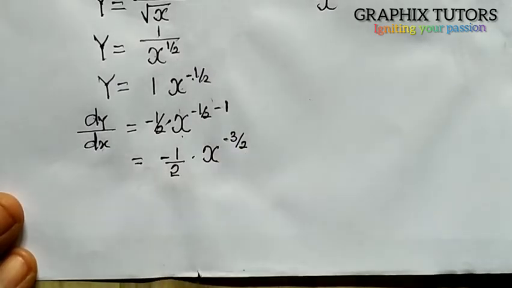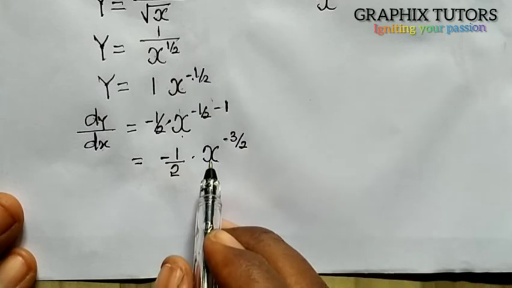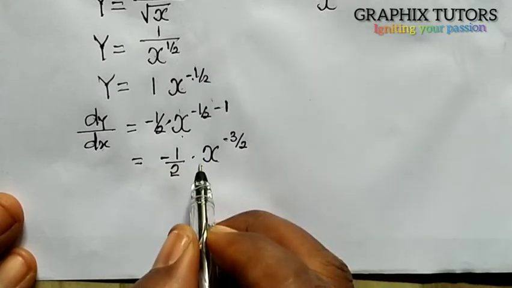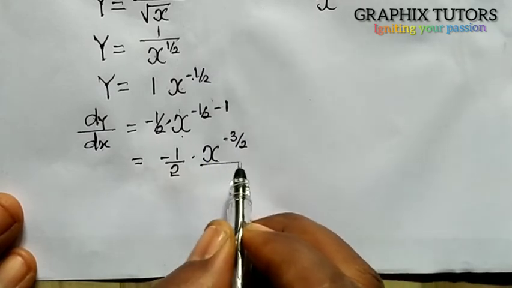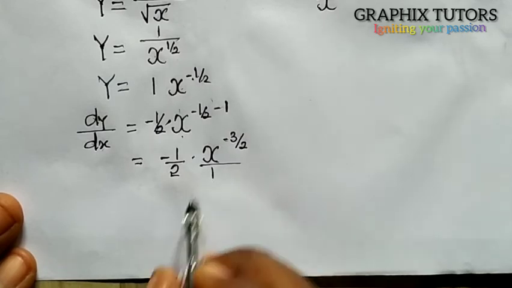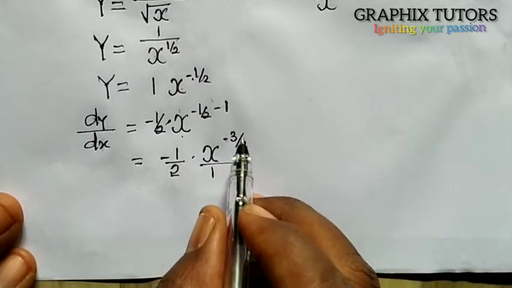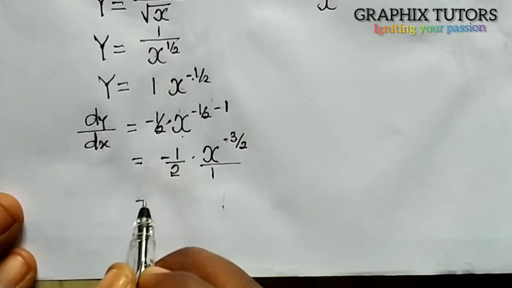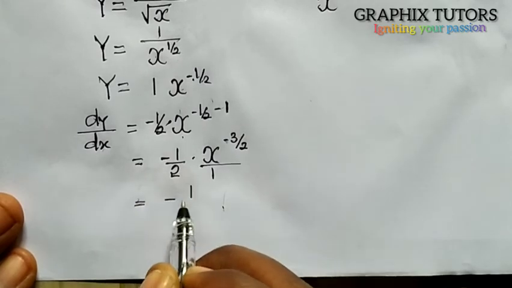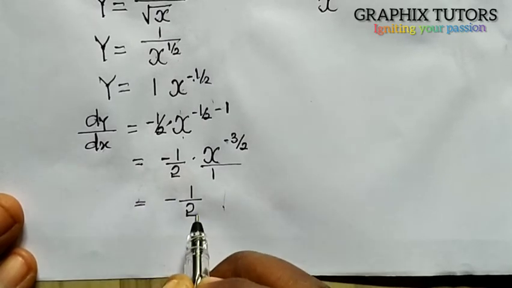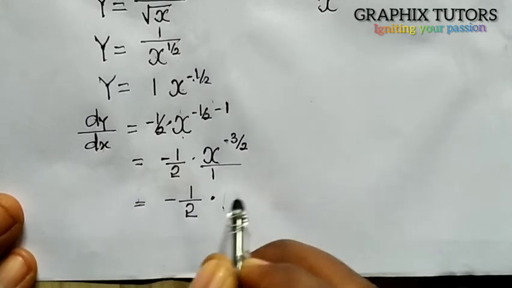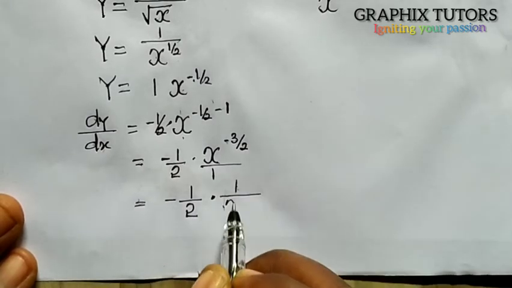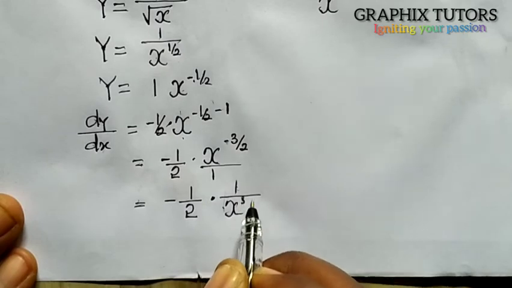Are we good? Now this is as saying everything here all over 1. So if this minus 3 all over 2 is coming down, my answer here will now give me minus 1 all over 2, right, multiplied by 1 all over x to the power 3 over 2.